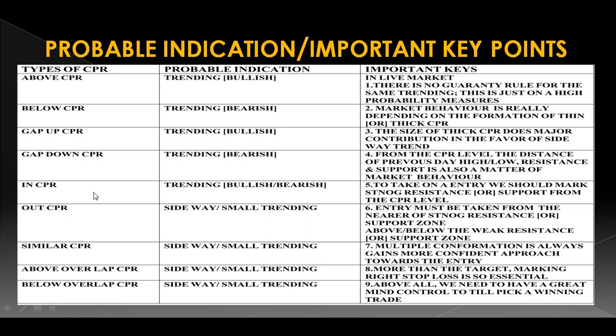In CPR is probable indication for bullish or bearish trending. Out CPR is probable indication for sideways market or small trending. Likewise, similar CPR, above overlap CPR, below overlap CPR are indications for sideways market or small trending.